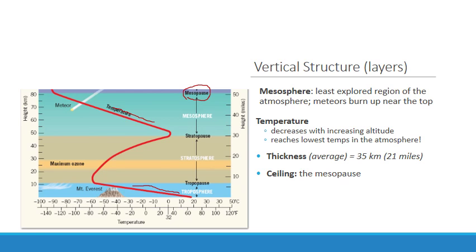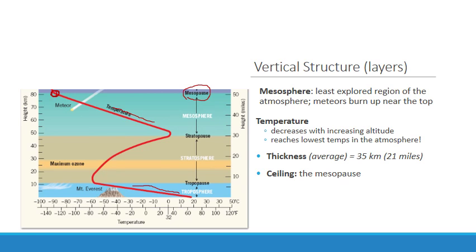The coldest temperatures anywhere in the atmosphere occur right at the mesopause, so right here. If you get asked that on a quiz, where's the coldest point in the atmosphere? Everyone should say mesopause.